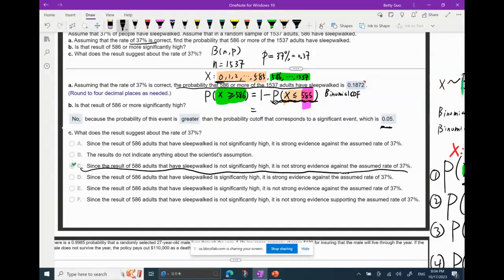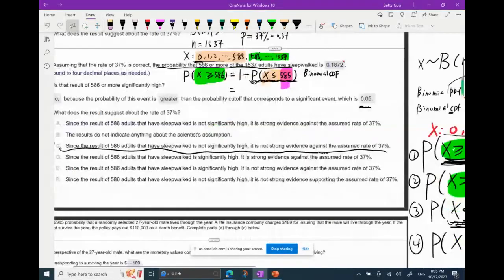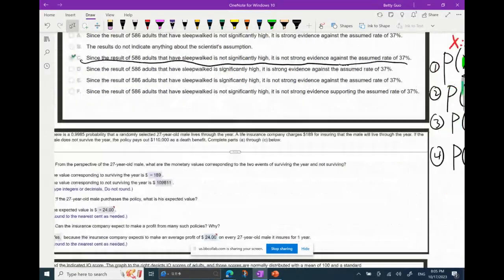So that's the reasoning behind many multiple choice questions in math, right? You will see something in the test for sure. In the future chapter, we're going to learn hypothesis testing. You will understand that better.